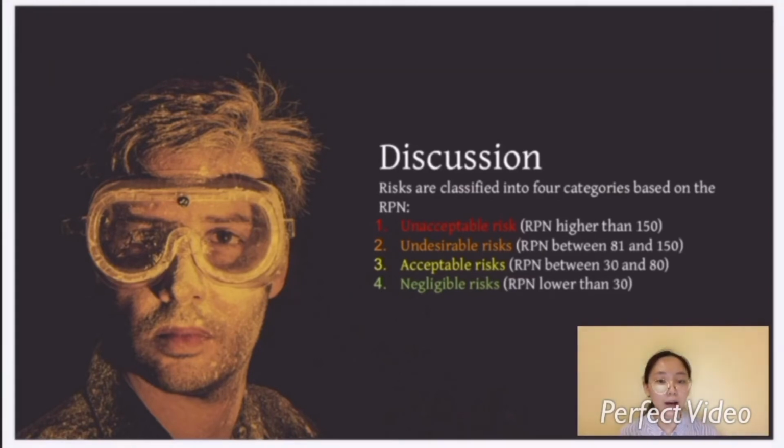Now that you know the difference between the red, orange, yellow, and green colors, the last thing you have to do in the FMEA method is addressing the current control, how to control the risk, how to overcome the risk that happens in a company. Let's take an example, maybe at the transformer area.